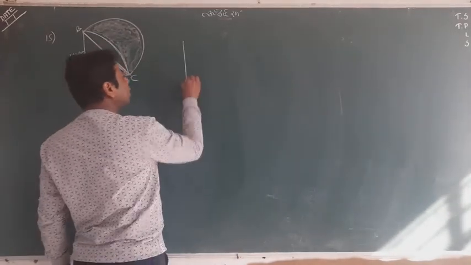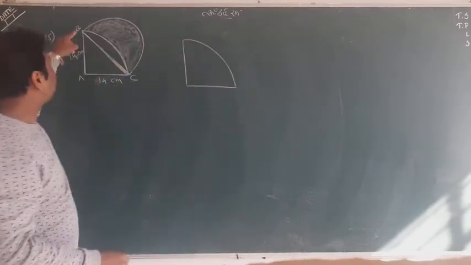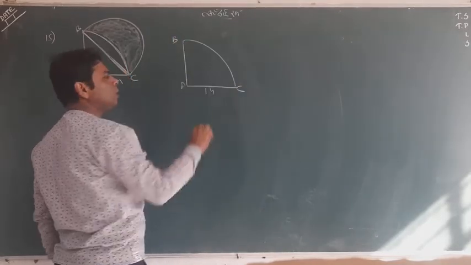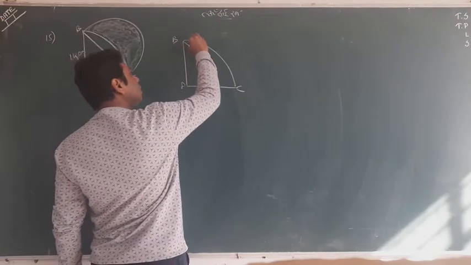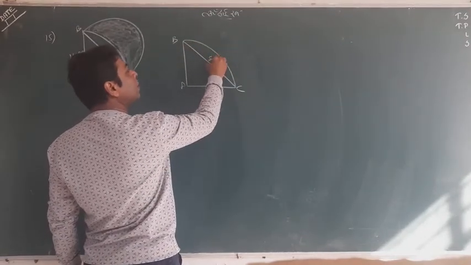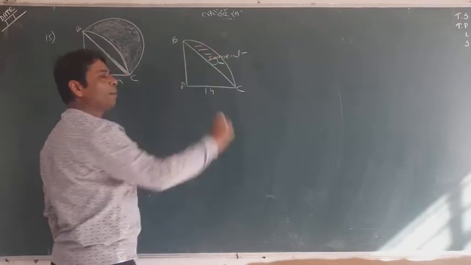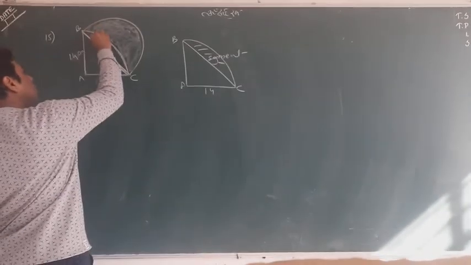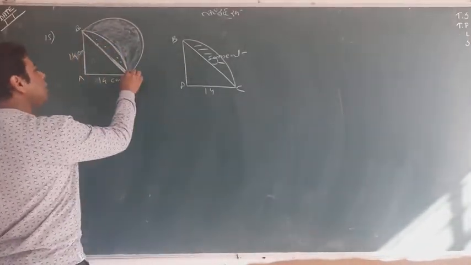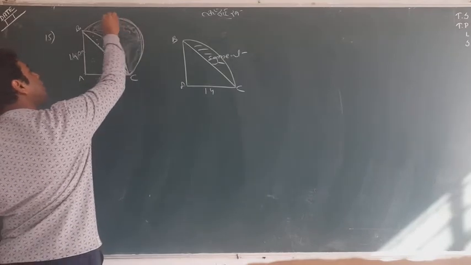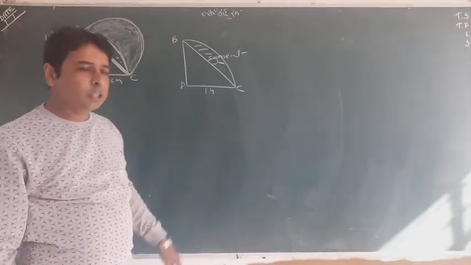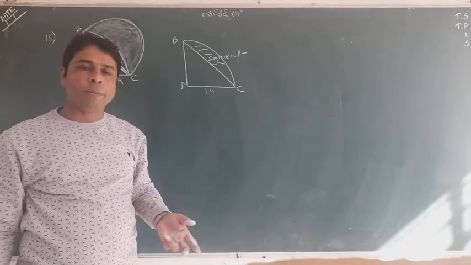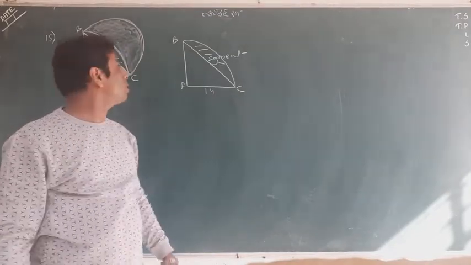Can you see this portion BAC, where this 14 is the radius of the quadrant, and this portion is called a segment. I first find the area of the segment, and I will subtract this segment from the area of the semicircle. The whole semicircle's area we know, pi r square upon 2, and the formula for the area of the segment we also know. We will use it and get the answer. So this is the way of doing the question.